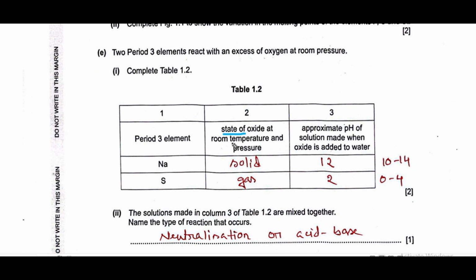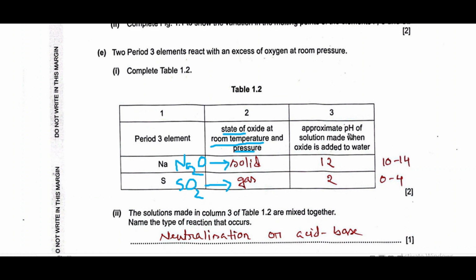State of oxide at room temperature and pressure: sodium reacts with oxygen to form sodium oxide, which is a solid, and sulfur reacts with oxygen to produce sulfur dioxide, which is a gas.